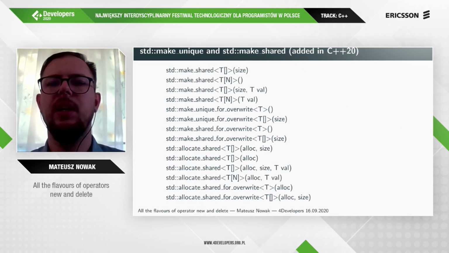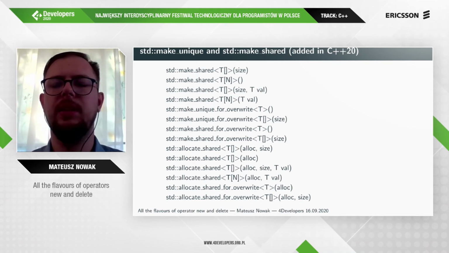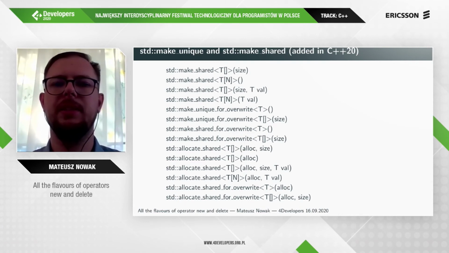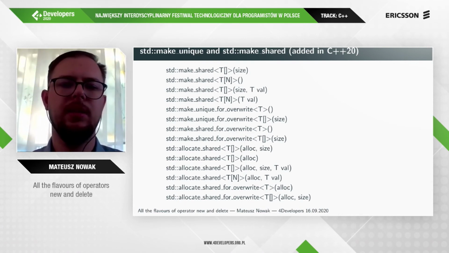So if we wanted an object that is default initialized without any value, we couldn't do this. With the for_overwrite suffix, we are able to create an object that is default initialized, so without any value.